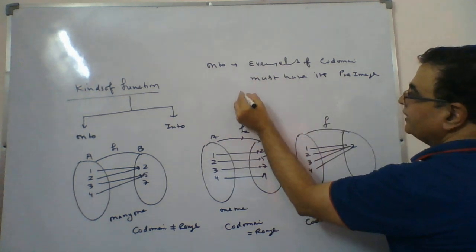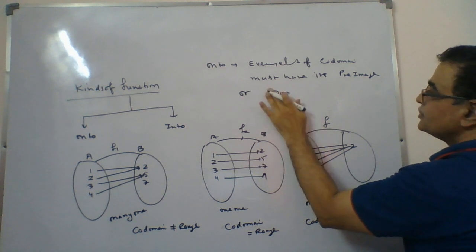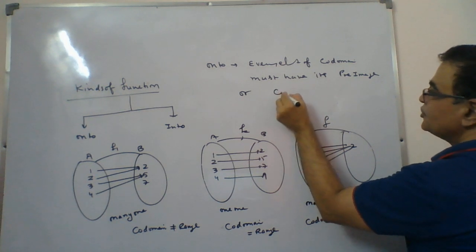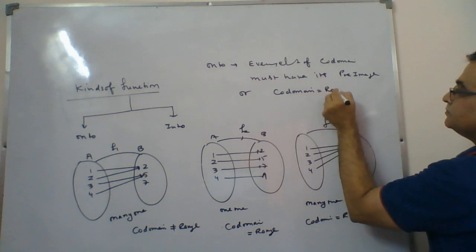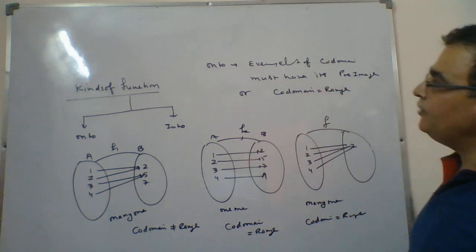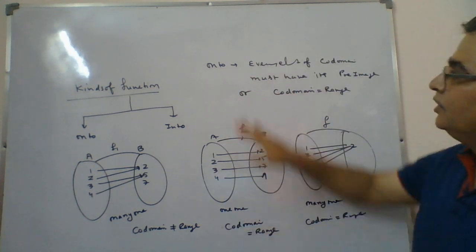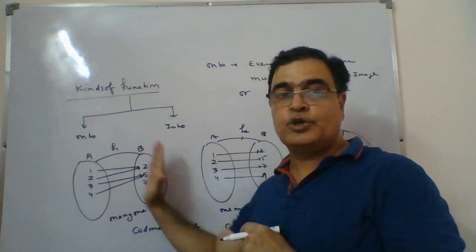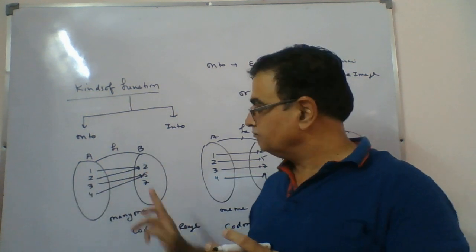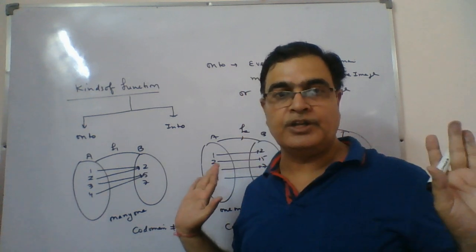Or another way we can say, codomain equal to range. If any one of the conditions is satisfied, they are one and the same thing. Here what it says, each and every element in the set B should have its pre-image. In this case, it is not there, or in that case, we'll say codomain is not equal to range.